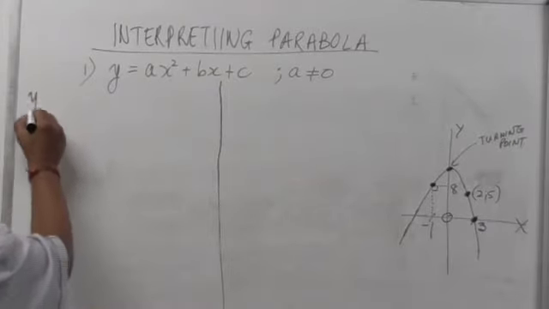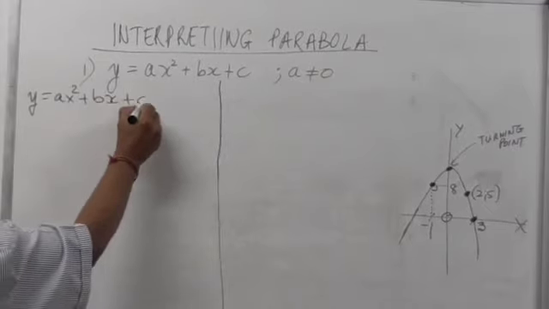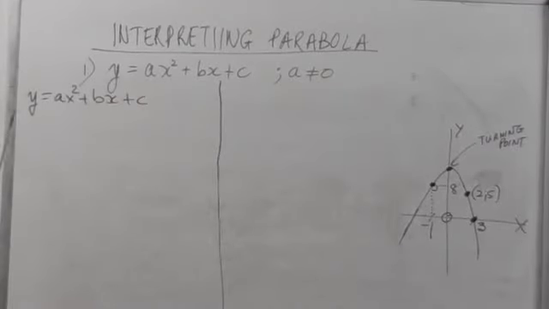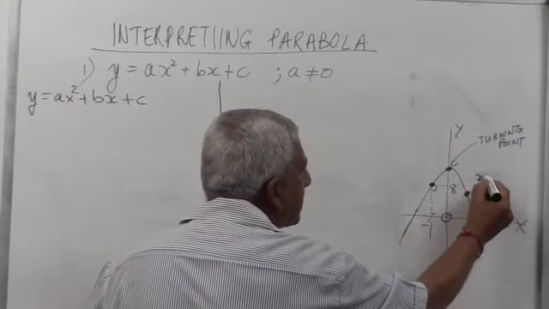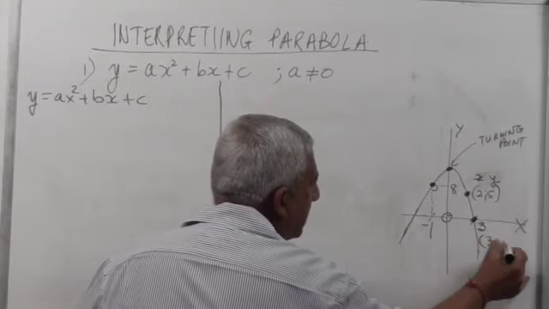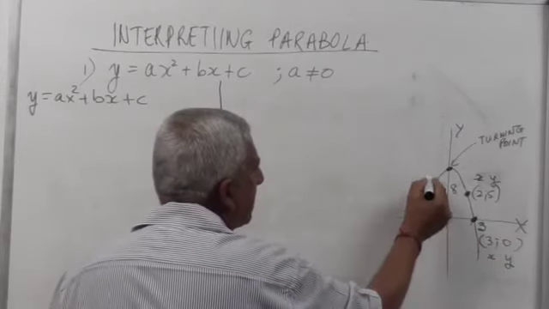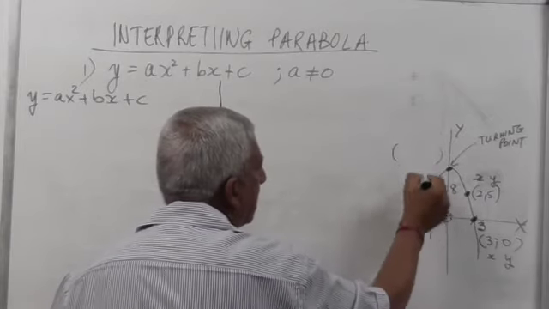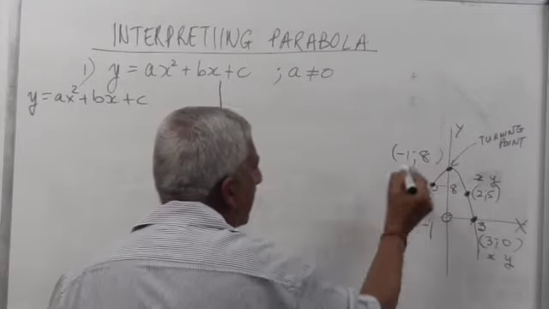So we are saying that y is equal to ax squared plus bx plus c. Now, if you go back, this is x, this is y. If you take 3, 0, this is x, that is y. If you take this one, x is minus 1, y is 8.